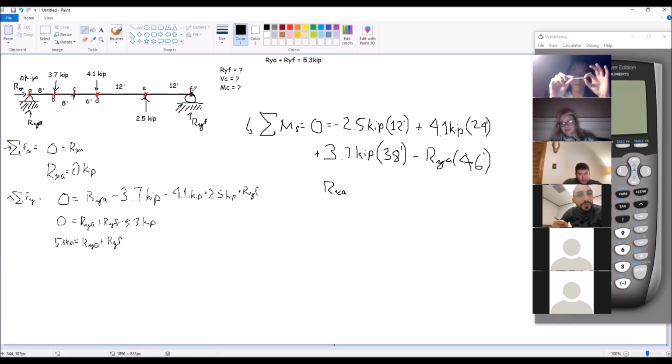You have a force, and we're taking the summation of moments right here. So this is RYA, but this is RXA. See how it's pushing directly against the beam, so it won't pivot around F. So that's gonna be 0 feet, so we'll just take that away.